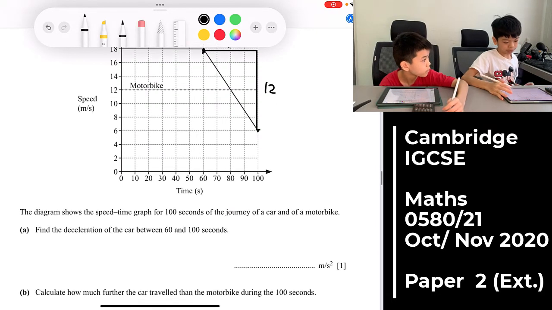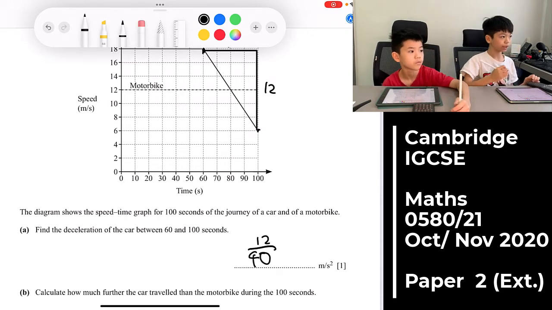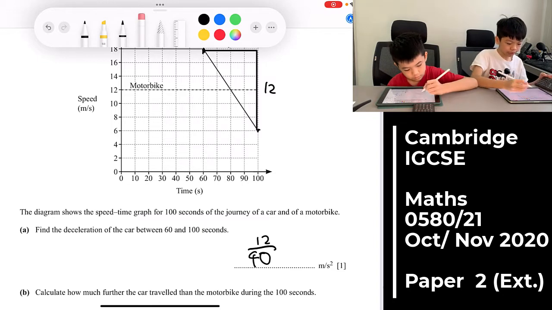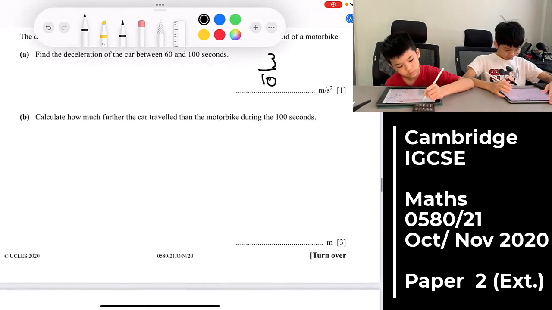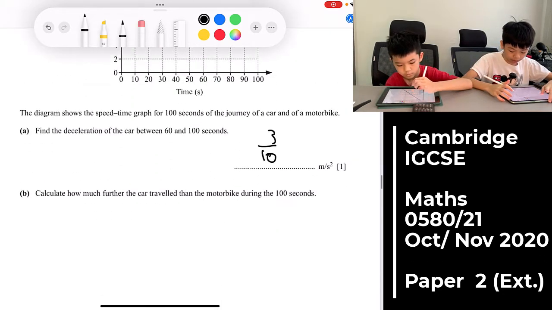Speed over time, 12 over 40 meters per second, which is 3 over 10.